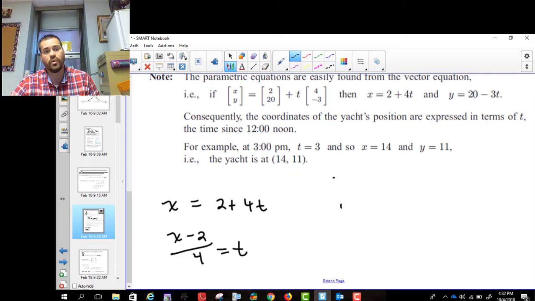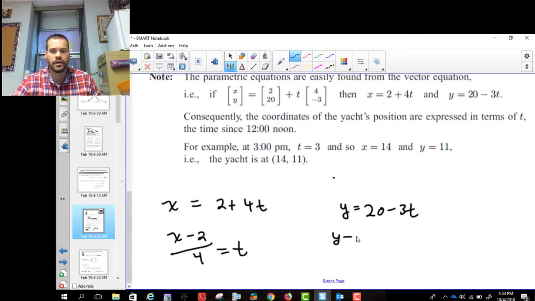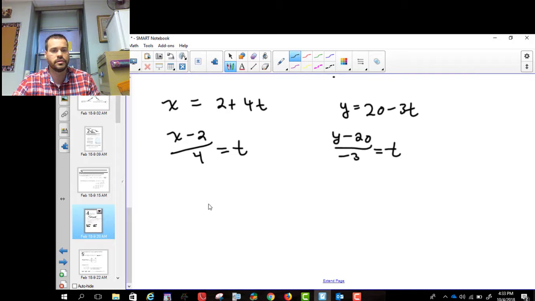And then we have y = 20 - 3t, so (y - 20)/(-3) = t. And then you can set those equal to each other, so you have (x - 2)/4 = (y - 20)/(-3).